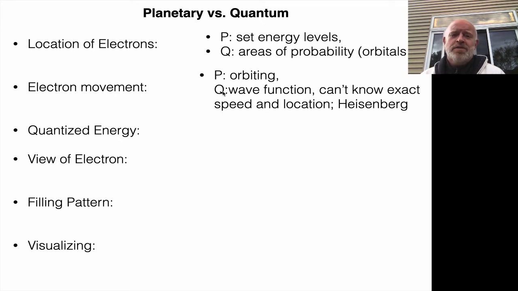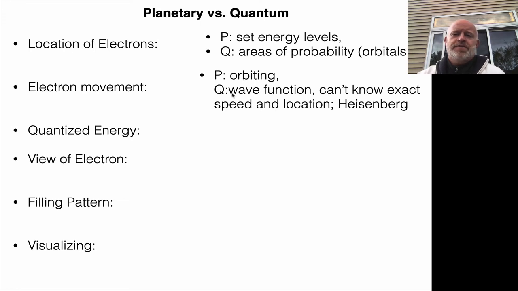In fact, the quantum model views the electron when it's not being excited acting more like a wave function, which means we really don't know the actual speed and location of either of those things very specifically, okay? We know where it most probably is going to be. We know how fast it's moving, close to the speed of light, but we don't know the exact value of either one of those, okay?